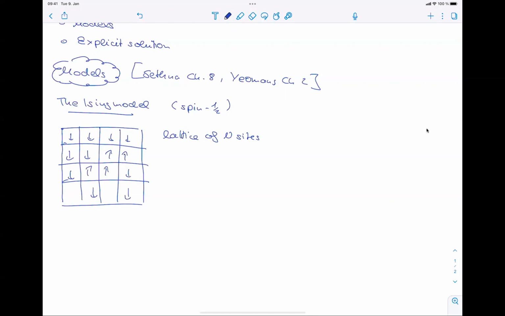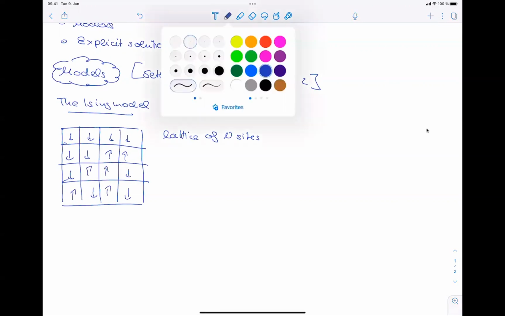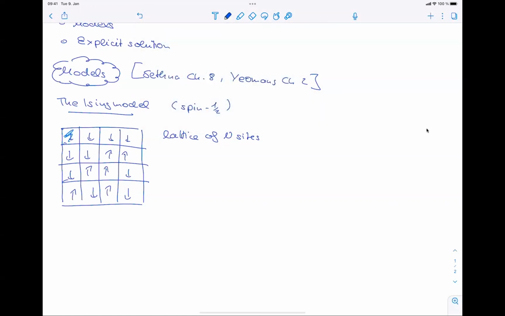Just as a better visualization, let me add color. Pointing down, I'm coloring light blue, and the other one another color. And so I describe my system by the two-state degrees of freedom of the spin.